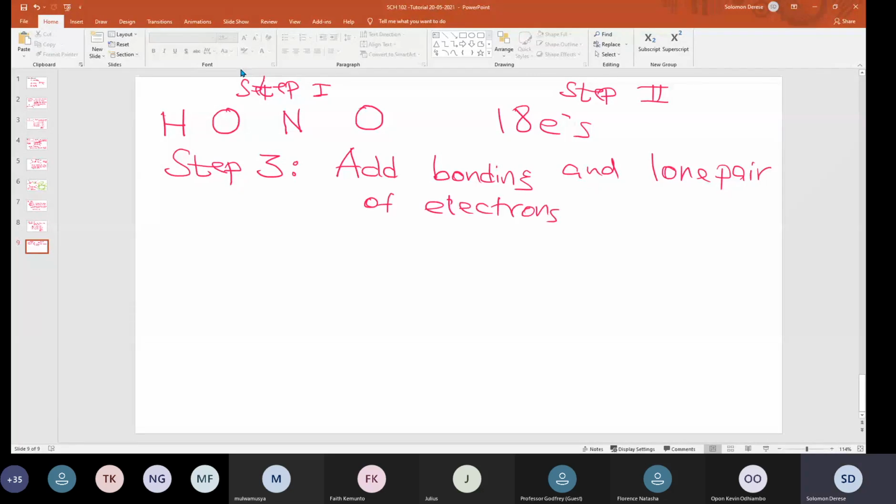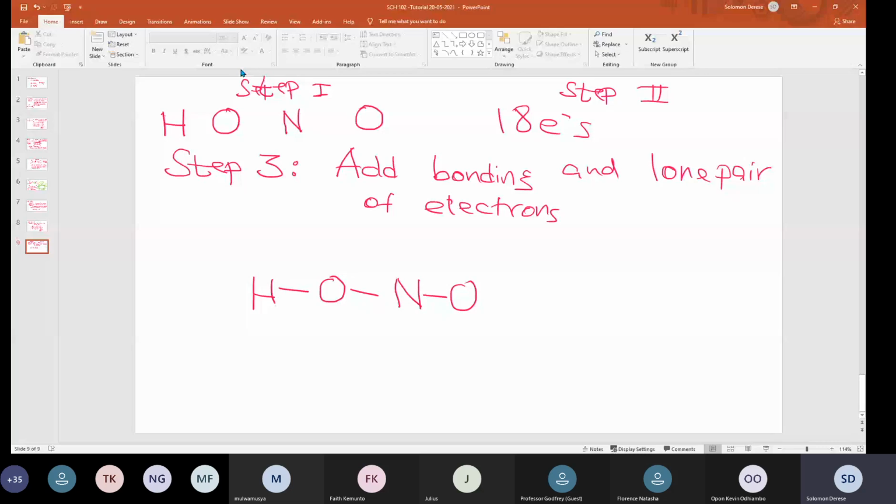So now we have hydrogen, oxygen, nitrogen, and oxygen. The first thing we have to do is form a chemical bond between them, to say that this is a molecule and there are chemical bonds between them. So how many electrons have we used?